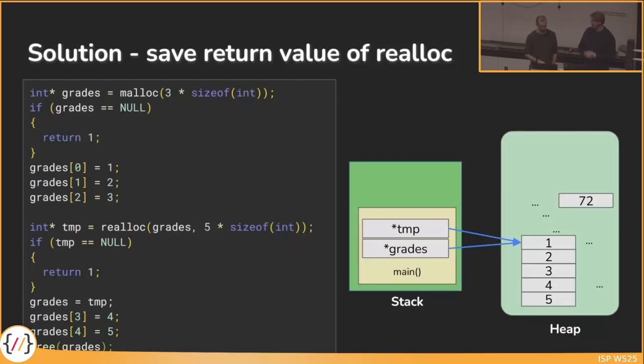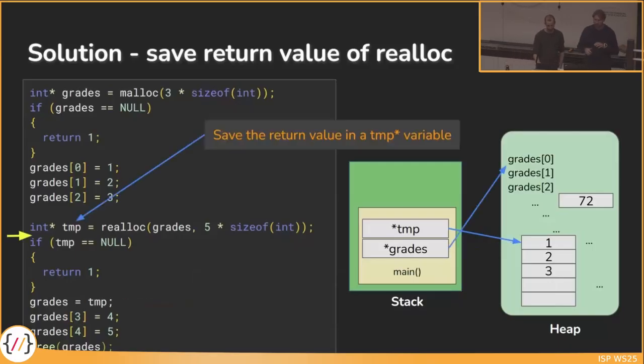And yeah, we will see it on the next slides, but I want to highlight it once more. So the grades pointer that is passed to realloc remains unchanged. So this is the same pointer, it points to the same address on the heap, before the realloc call and after the realloc call.